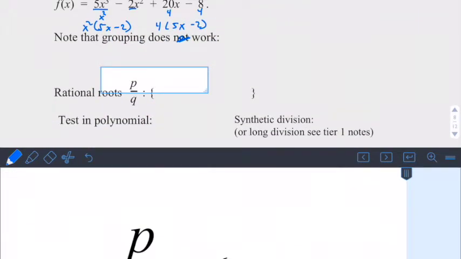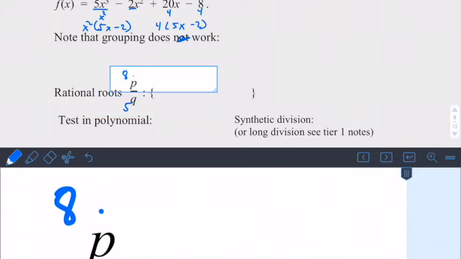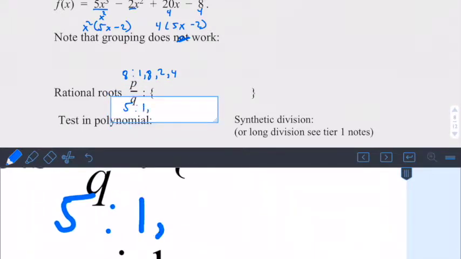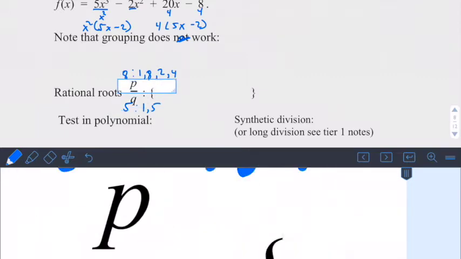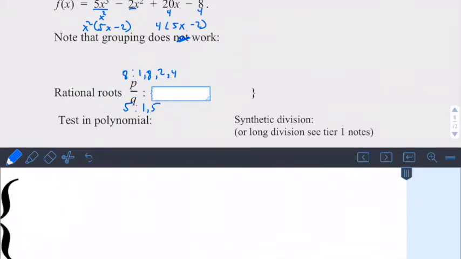I need factors of 8 and factors of 5. So factors of 8 are 1 and 8, 2 and 4, and there are all of them, and factors of 5 are just 1 and 5. Well, this is going to give me a lot. There's all of these divided by 1, and all of these divided by 5.